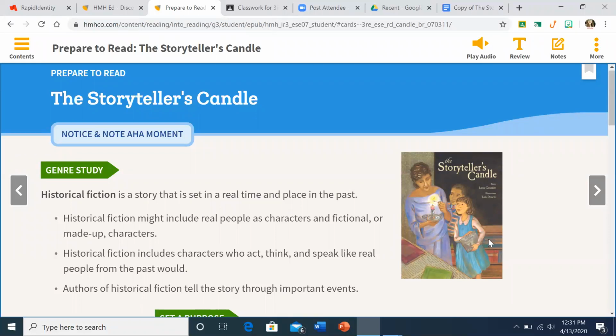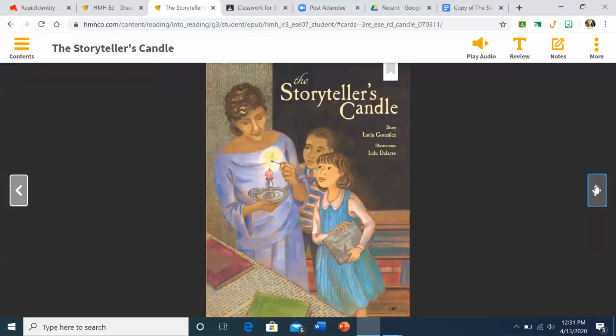I'm wondering if that has something to do with the Three Kings Day that we read about in the question. So let's keep looking. And then I'm also thinking about how this story is historical fiction, so I'm pretty sure Three Kings Day is an actual either holiday or celebration that maybe some of y'all are familiar with.